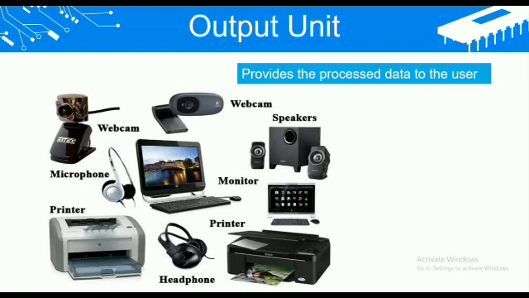Later, the data is either stored in a storage device or directly given to the output unit. The output unit will convert the data from computer understandable form to user understandable form. The output may be in the form of text, sound, image, document, etc.